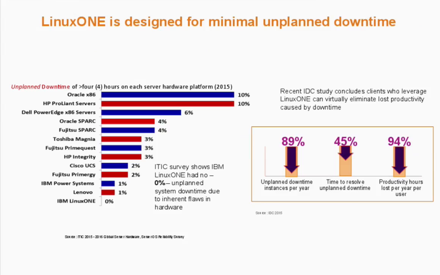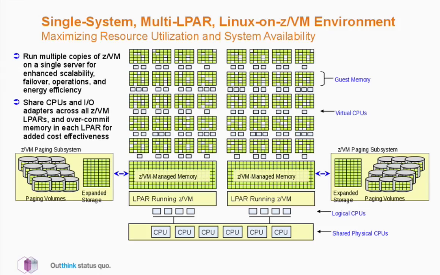Again, because we have been in this business for quite so long, we have not only hardware redundancy inside the box, but we have things that we do within the virtualization space to help with that. Okay, so on our platform, we have a hypervisor that's been around for well over 40 years. It's called z/VM.